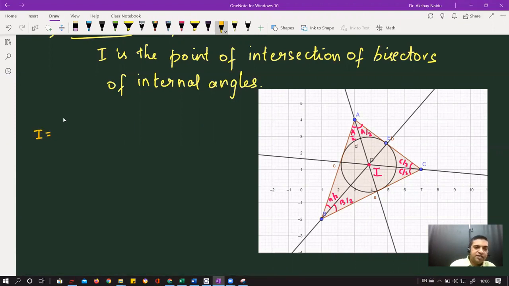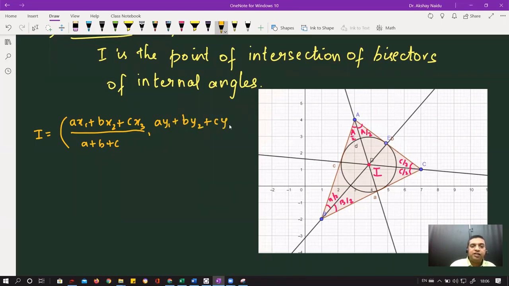The coordinates of the incenter are a x1 plus b x2 plus c x3 by a plus b plus c, and a y1 plus b y2 plus c y3 by a plus b plus c. These are the coordinates of the incenter.